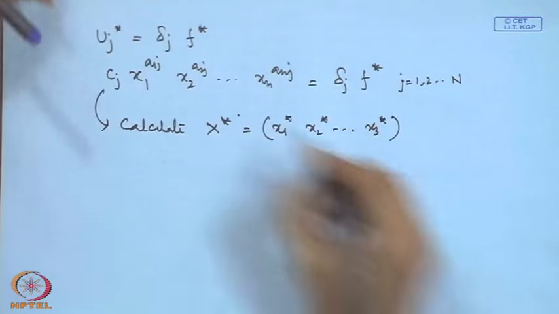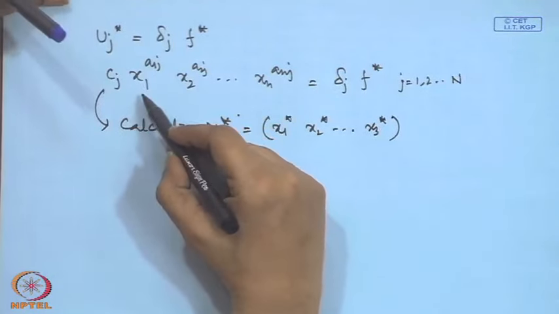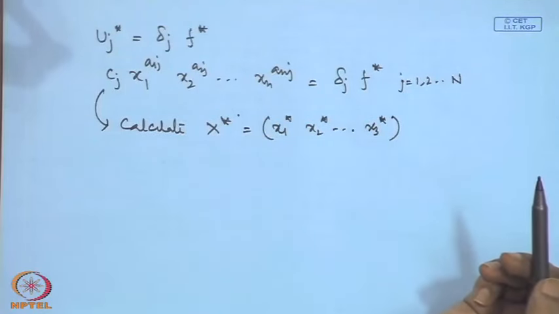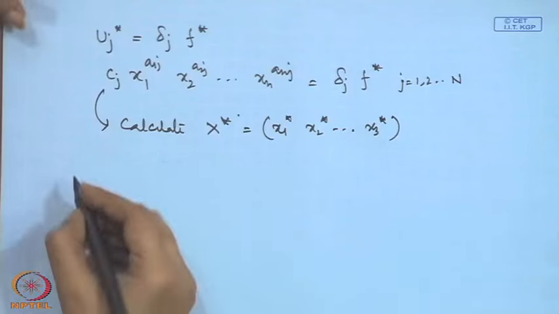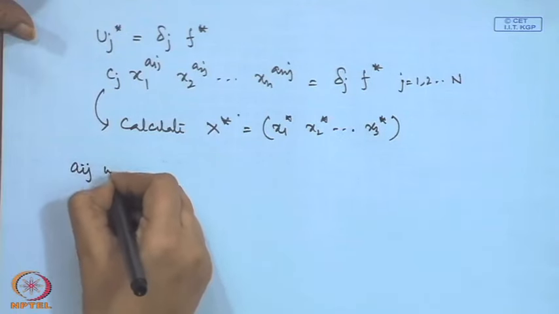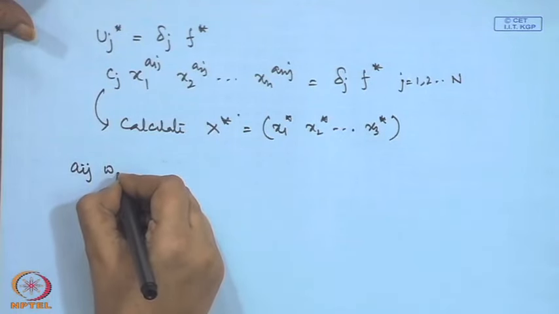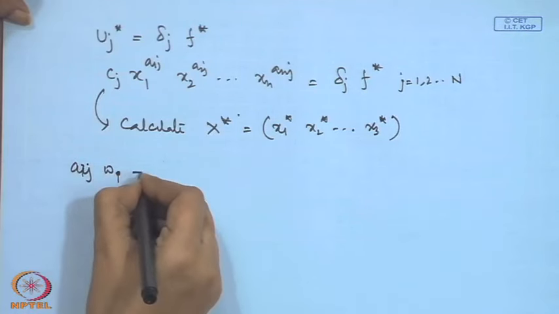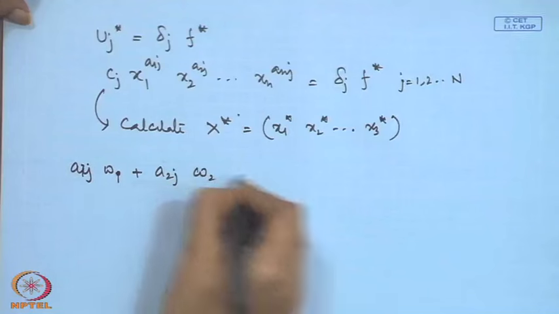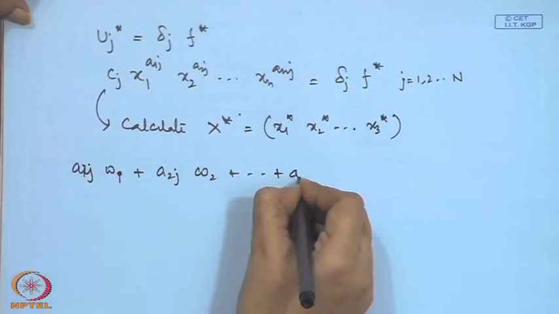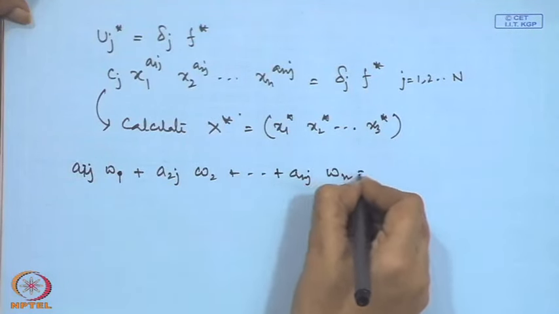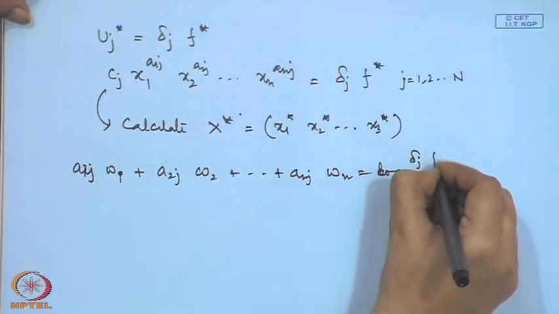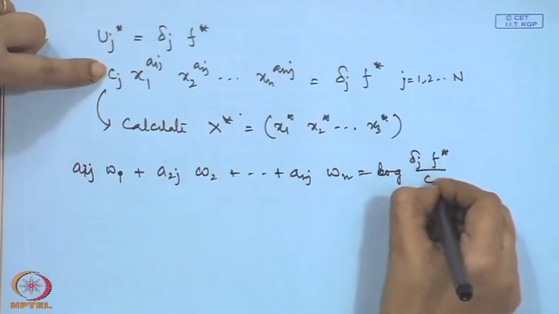Now, instead of going for the nonlinear equations, we can go for linear equations as well, as I have explained: a1j w1, a2j w2, up to anj wn equal to log of delta j f star divided by Cj.